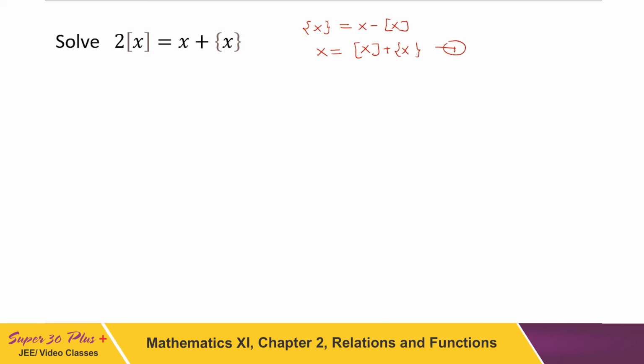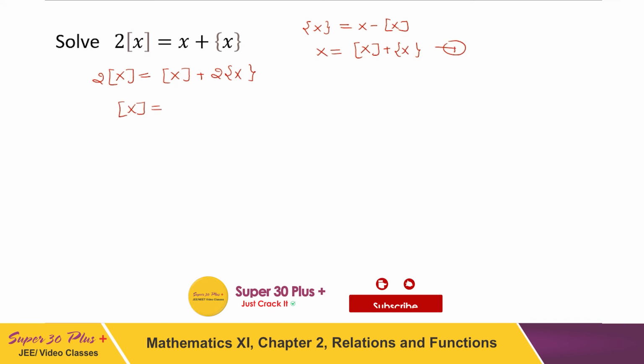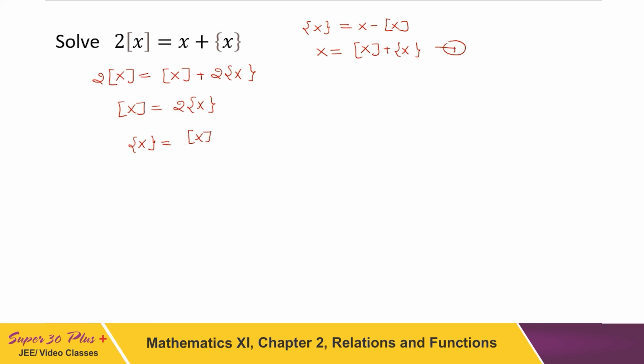Now use this to solve the equation: twice the greatest integer of x is equal to the greatest integer of x plus 2 times the fractional part of x. Now simplify it. The greatest integer of x is equal to twice the fractional part of x. So the fractional part of x is equal to the greatest integer of x divided by 2.